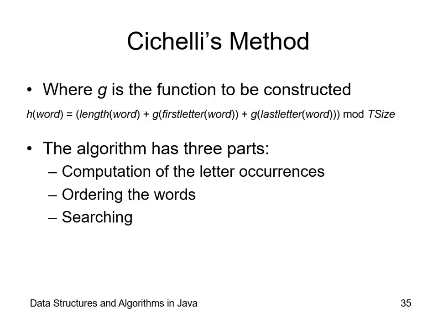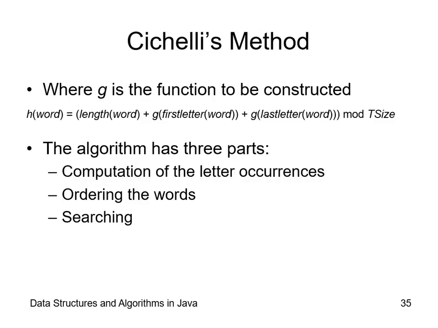So the question is, what would the G function be? Cichelli tried to find the G function that makes the whole thing a perfect hash function. It doesn't matter which word you pass in, there will be no repeated output.